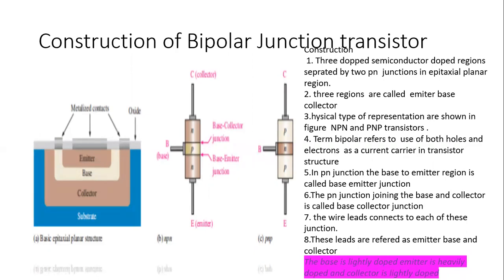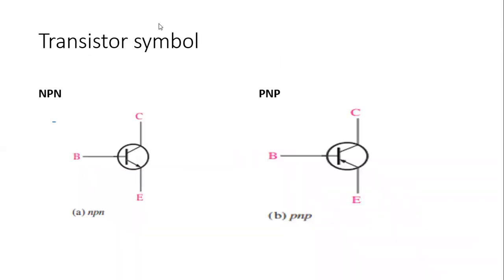The base is lightly doped, emitter is heavily doped, and collector is lightly doped. Then transistor symbols, here we are using NPN and PNP. The flow of the current in NPN is from base to emitter, and flow of current in PNP is from emitter to base.